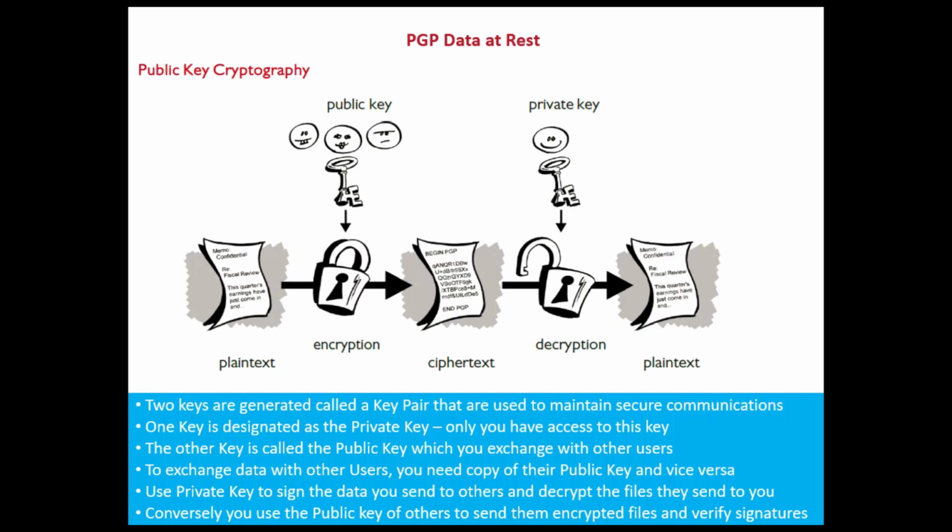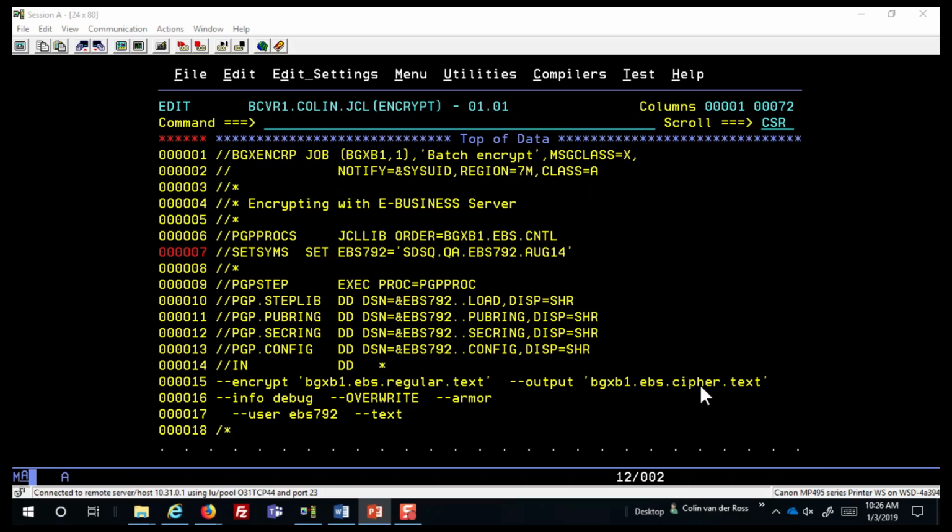Let me show you how you can use eBusiness Server to encrypt data on the mainframe. Remember, eBusiness Server is multi-platform, and as Tim mentioned, you can use it to secure any type of data, not only data that you'll be sending to your business partners, but any data that is at rest. So here is a sample batch job that is encrypting a very small file.